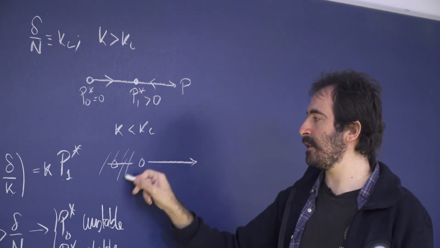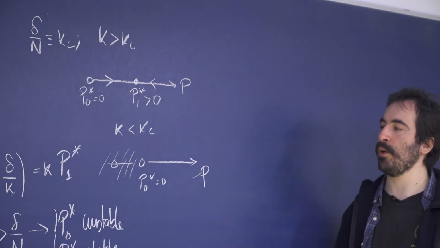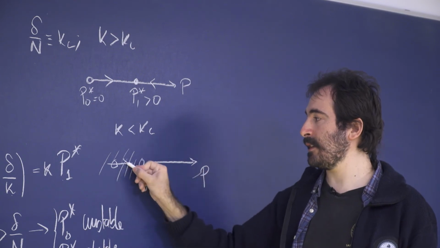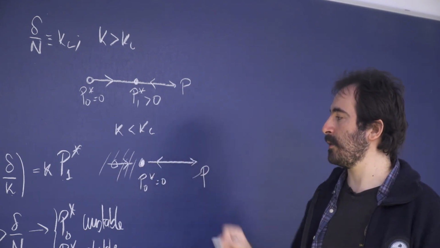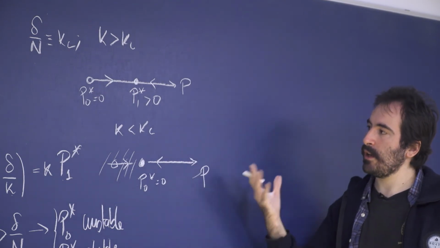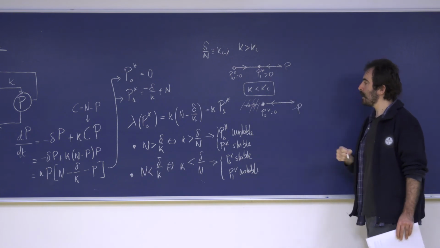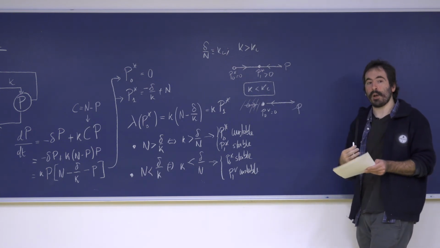Because it's sitting at the negative values for the total number of monomers belonging to the polymer, and that makes no sense. And as a matter of fact, what happens mathematically is this is going to be an unstable point, and this is going to be our stable point. In this case, we can understand that for this specific regime, there's not going to be viability of the polymer formation.